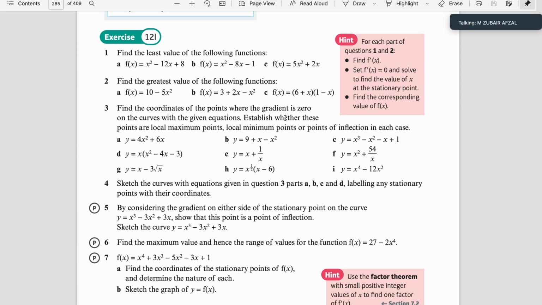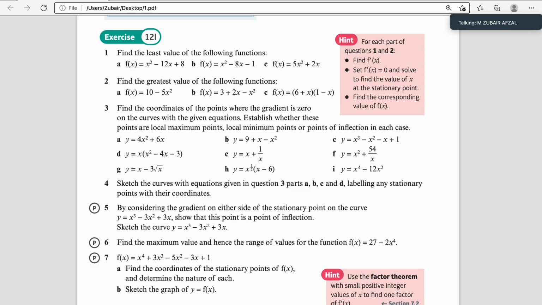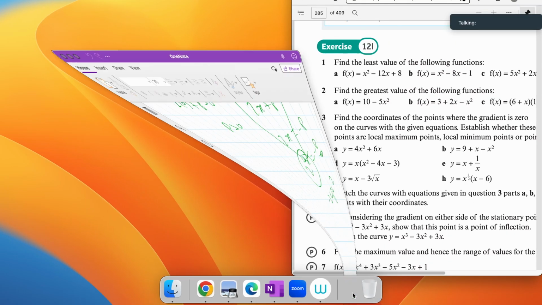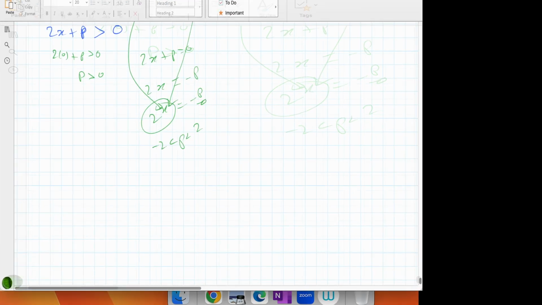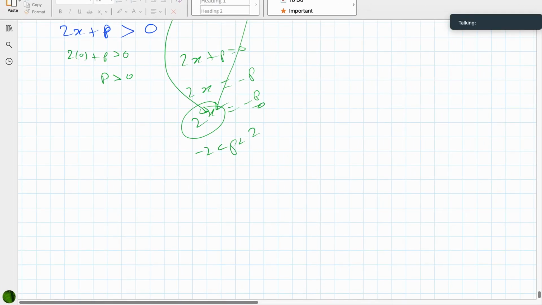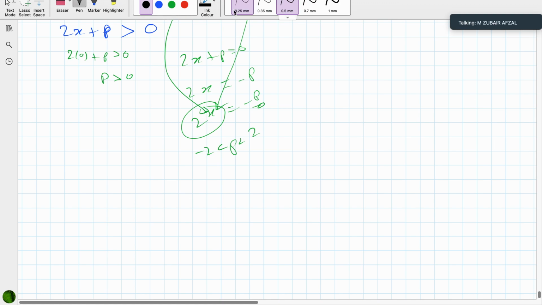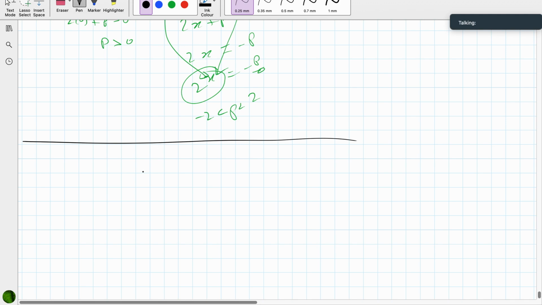And exercise 12I. If you just consider this sketch of a cubic graph.